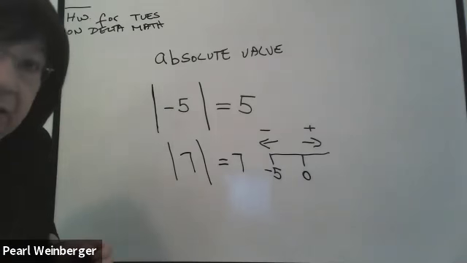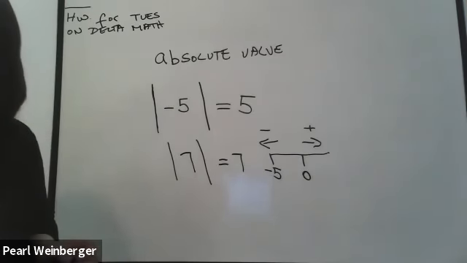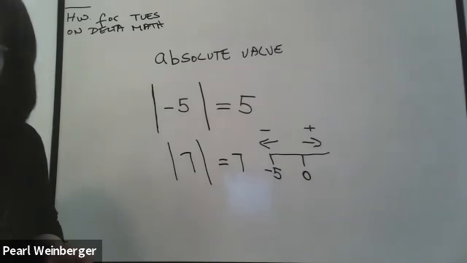Another place you might see it is in your bank account. I hope you don't have a bank account that says -$100. What would -$100 mean on a bank account? You're in debt. That's exactly what it means. It means you're below 0.